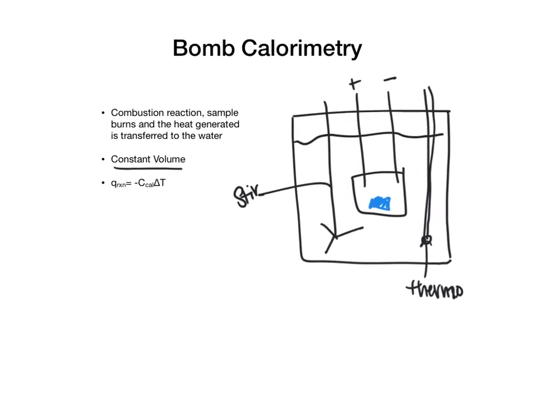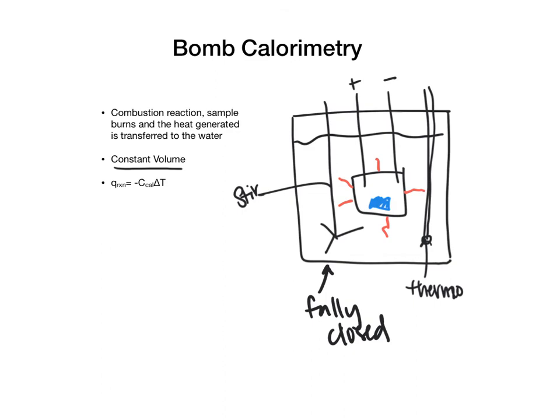So in this container, so this is fully closed, we are going to light a spark between this positive and negative electrode and basically combust whatever is in there. We're going to then watch the heat transfer out and measure that in the water. And once we do that, we can calculate the heat of the reaction because there's no volume change, just a pressure change.